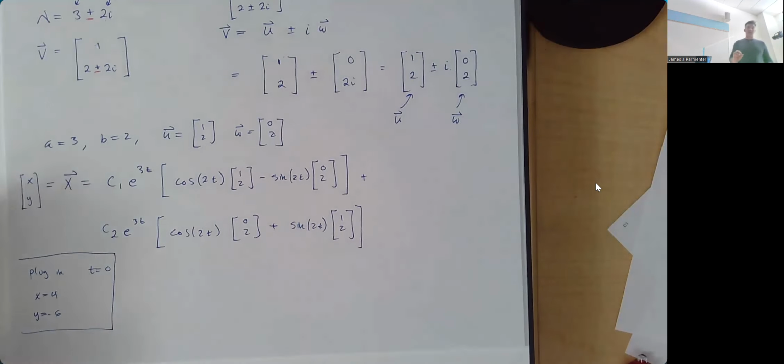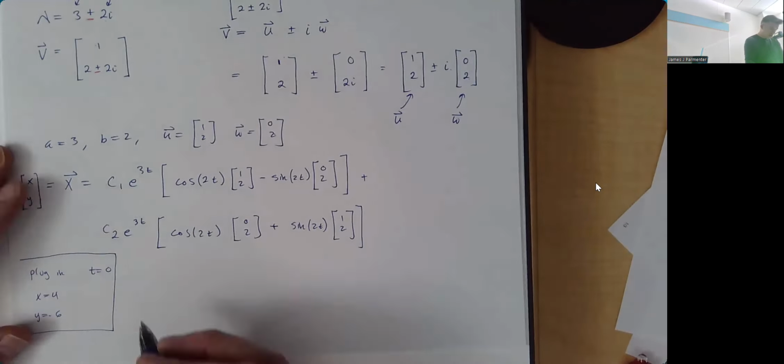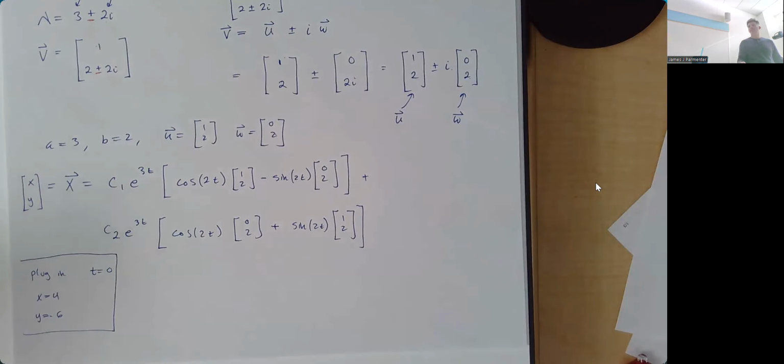So here's an important question. What's sine of 0? You have to know this to do this part. It's 0. What's cosine of 0? Great. So when we do this, what's e to the 0? Okay, cool.